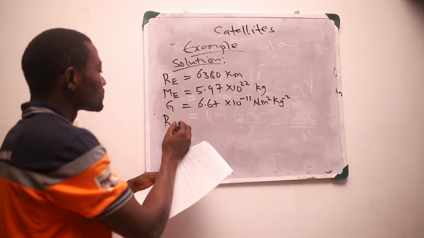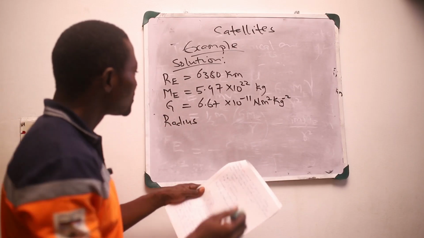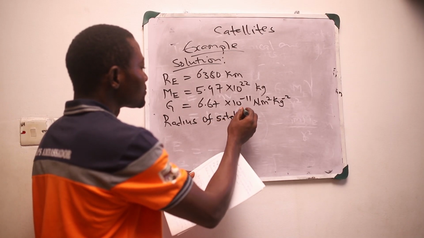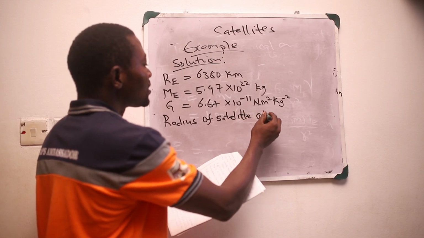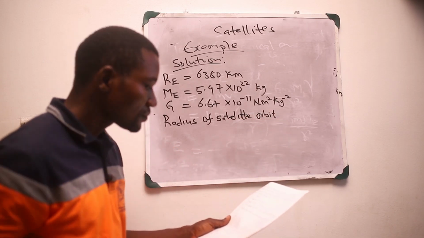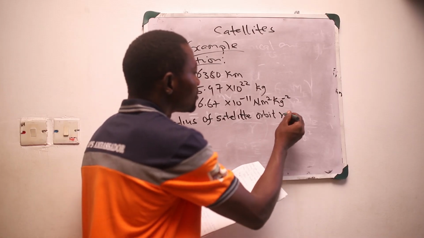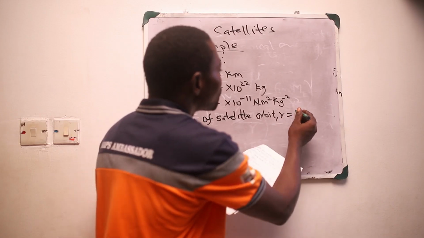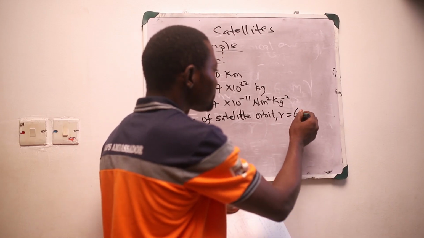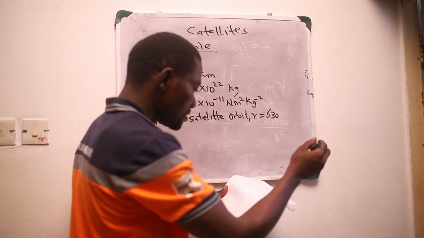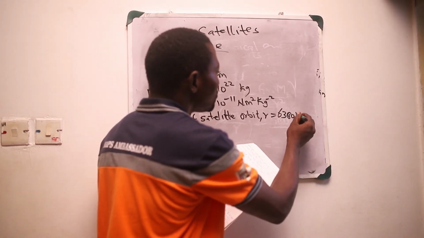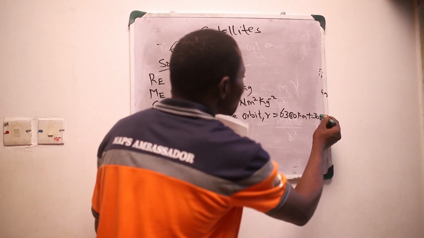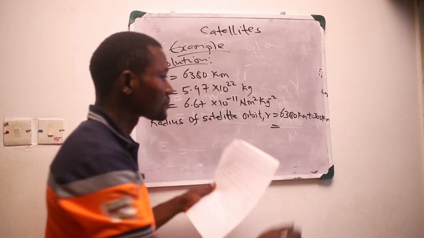Then the radius of the satellite orbit, R, will be equal to the radius of the Earth, 6380 kilometers, plus the distance of the satellite from the surface of the Earth.